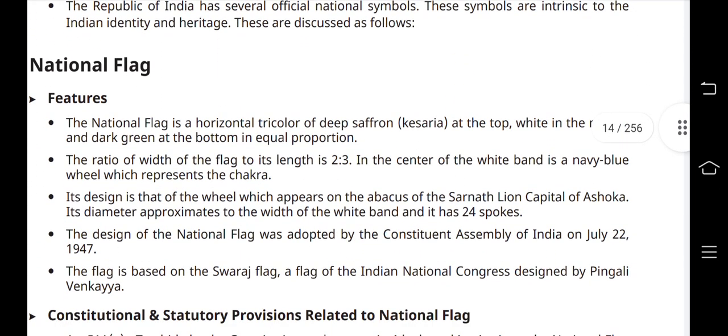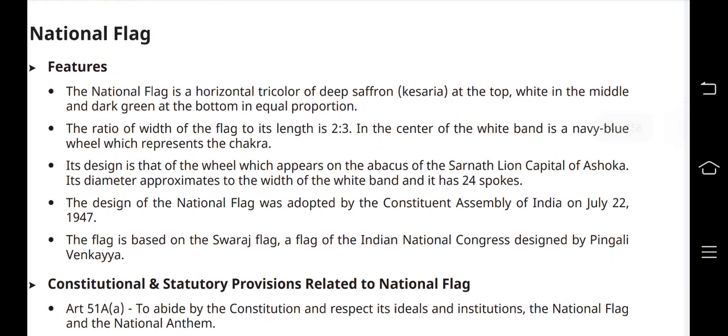National flag. Features. The national flag is a horizontal tricolor of deep saffron (kesaria) at the top, white in the middle, and dark green at the bottom in equal proportion. The ratio of width of the flag to its length is 2:3.